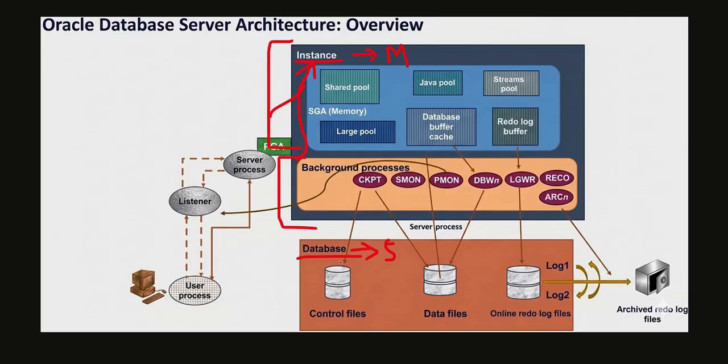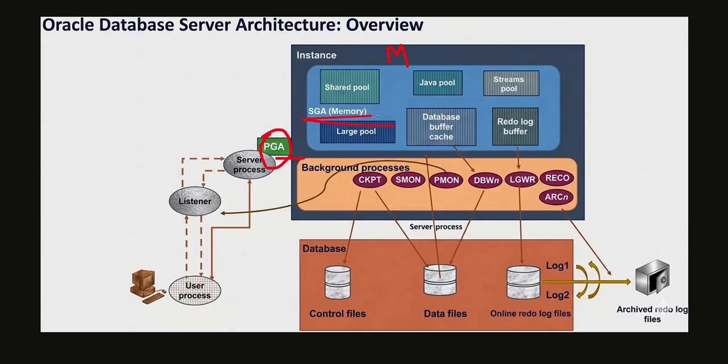In the Oracle instance, there are two areas: one is SGA and the other is PGA. I will briefly explain the SGA, and we will explain the PGA later. SGA is the System Global Area, and it is a shared memory area.